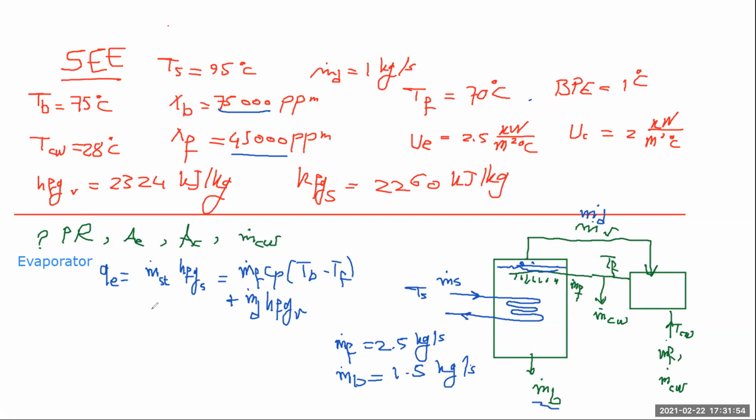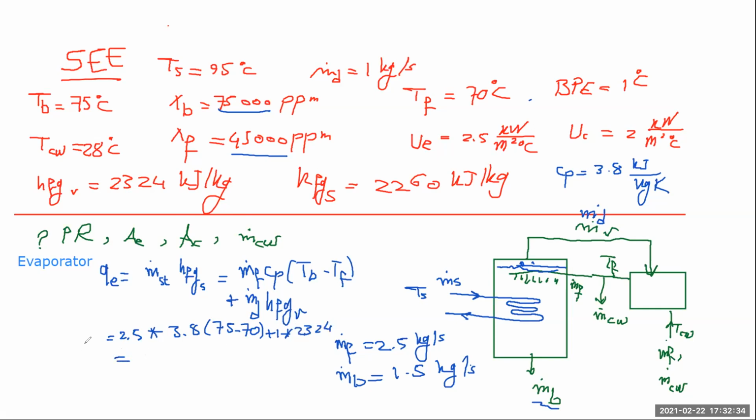m dot feed is known now, which is 2.5. Cp should have been given, and for salty water, a value of 3.8 kilojoule per kilogram Kelvin is a good approximation. So Cp is 3.8, temperature difference TB is 75, TF is 70, plus m dot vapor is equal to 1, and hfg of the vapor is 2324.